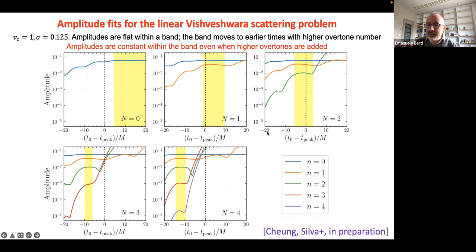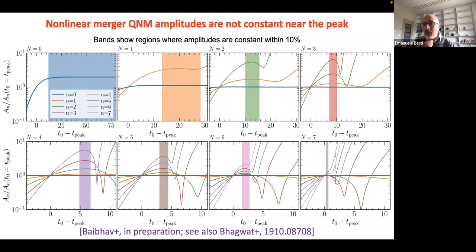So let's repeat the same analysis on the numerical relativity simulations that were studied by Giesler and others. Same thing, you see. First, you fit with only one damped exponential, and you get that the amplitude of the fit is very well constant at times larger than about 10M.